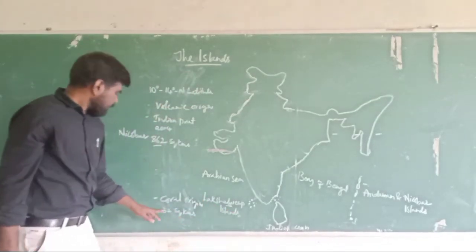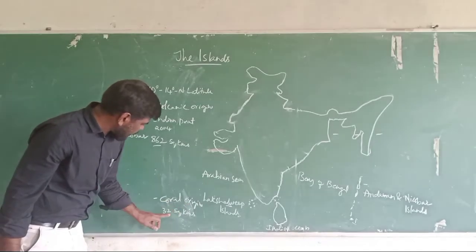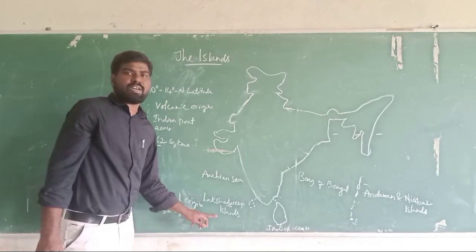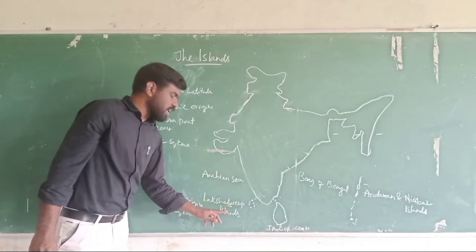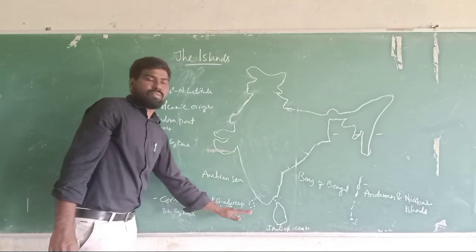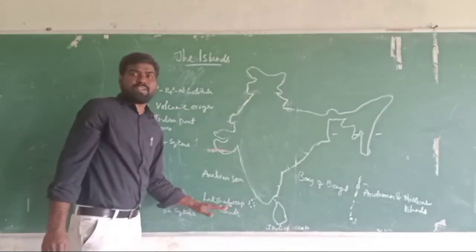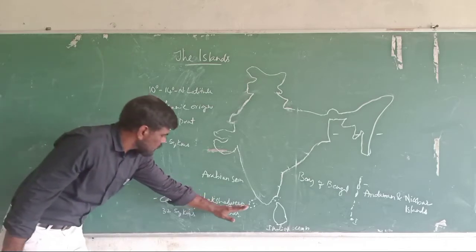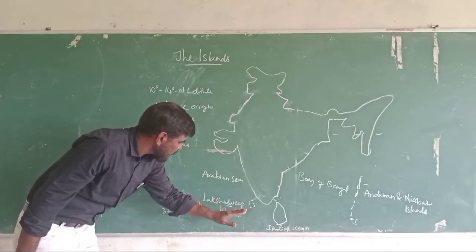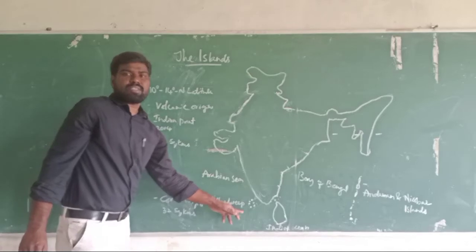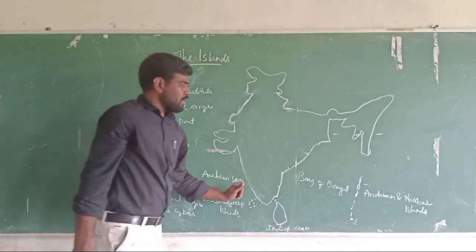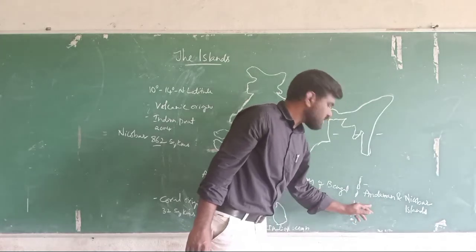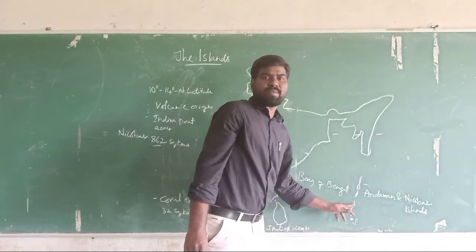These islands have a great variety of flora and fauna. The capital city of the Lakshadweep Islands is Kavaratti, and the capital city of the Andaman and Nicobar Islands is Port Blair.